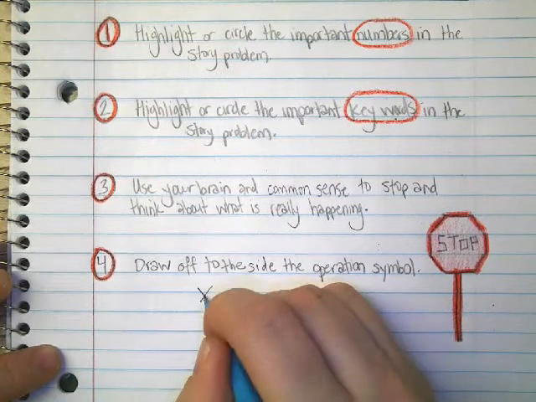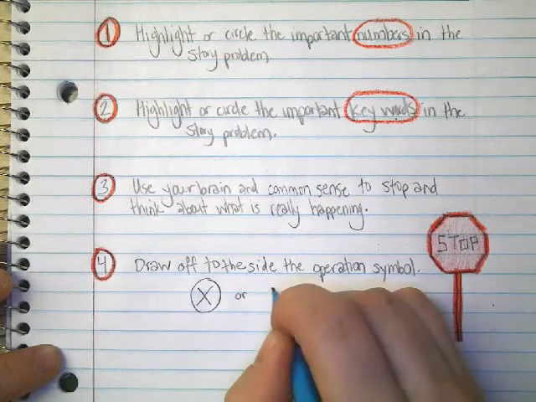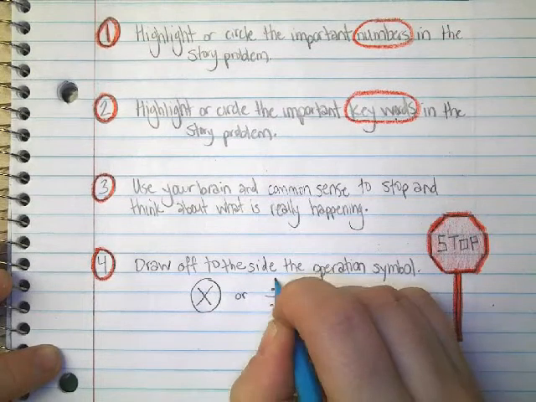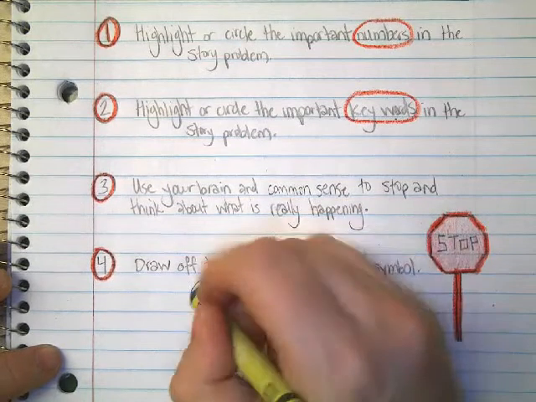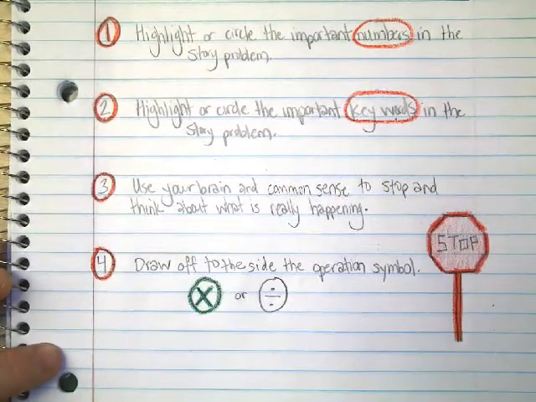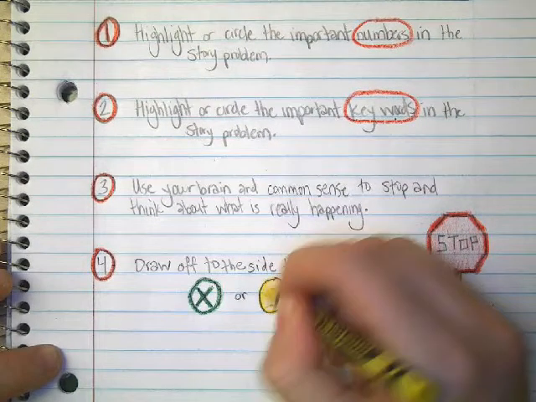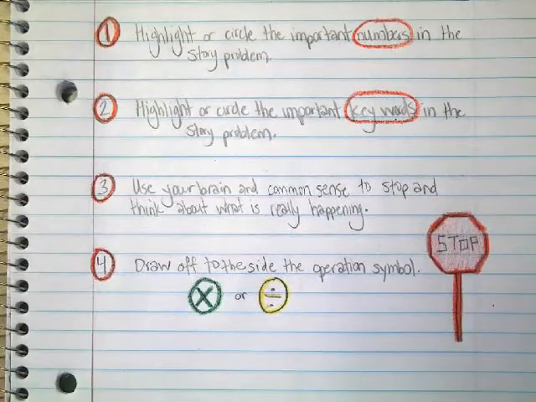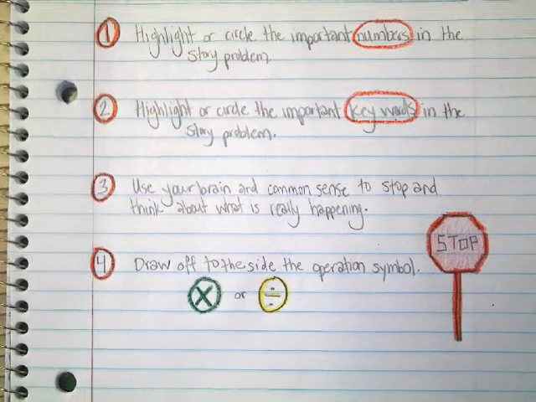So it's either going to be, today it's going to be multiply or divide, but in general it could be multiply, divide, add, or subtract, right? And we're using multiplication today as green. And we're using division as yellow. So draw off to the side the operation symbol.